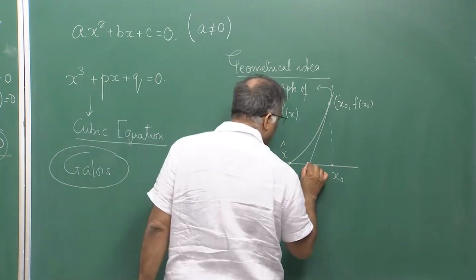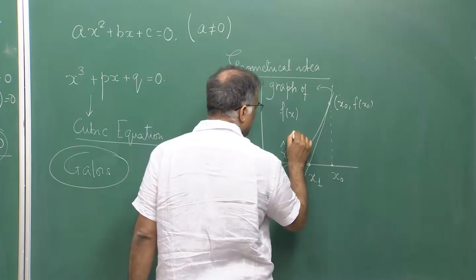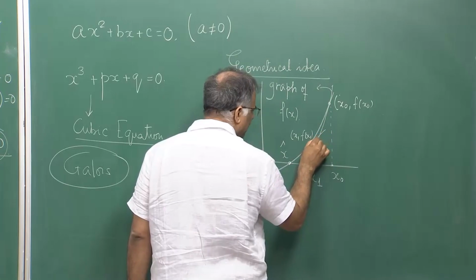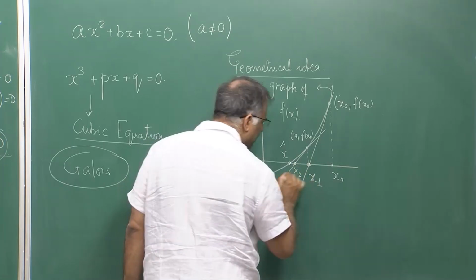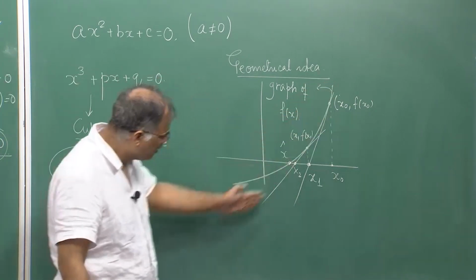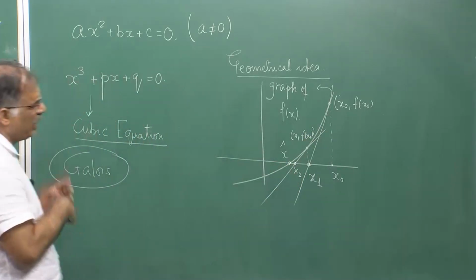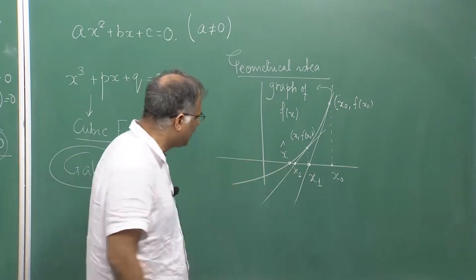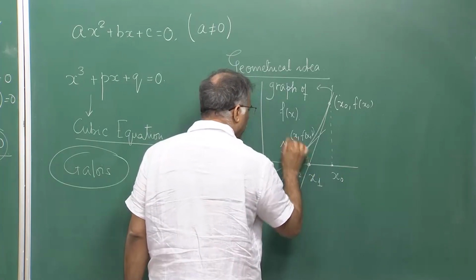Now what is the corresponding point on the graph? It is this one, x1, f(x1). Now I draw a tangent through x1, f(x1) and see where it cuts the x axis, and that is the point x2. You see I have come quite near the solution. Similarly you can do it for the point x2, f(x2).